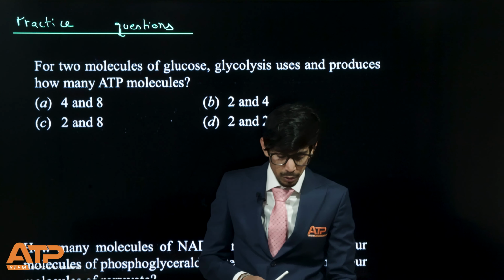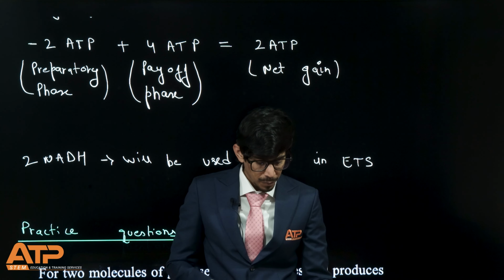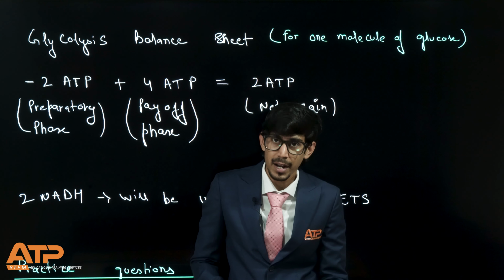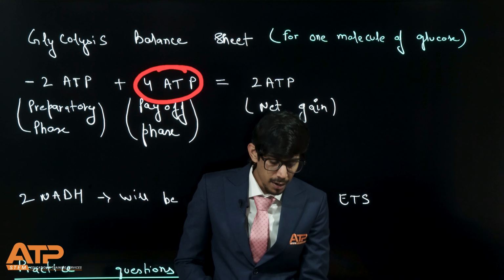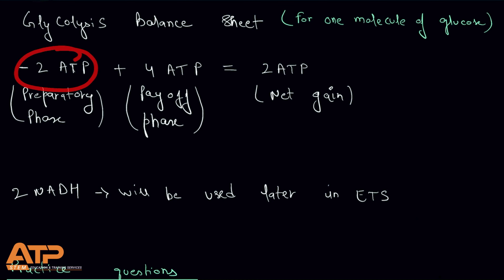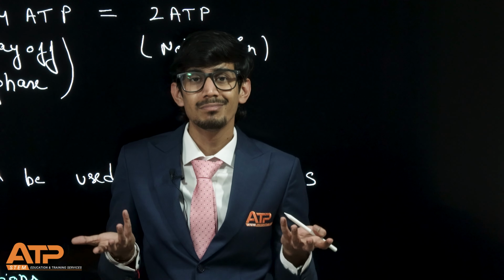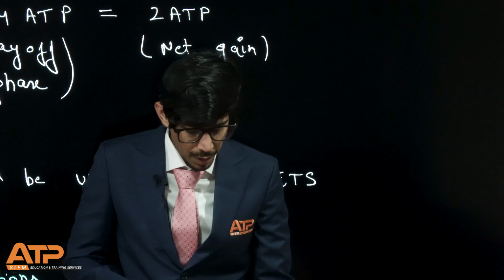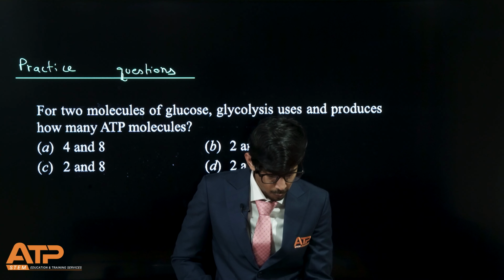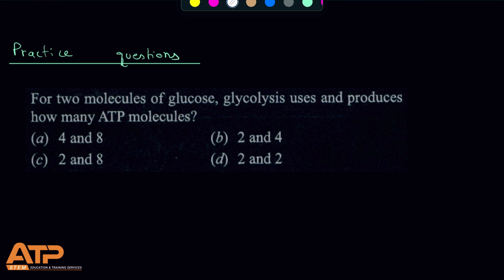For 1 molecule of glucose, 2 are utilized and 4 are produced. But for 2 molecules, 4 will be utilized and 8 will be produced. Simple, right? Multiplied by 2. So the correct answer for this question would be this one, that is 4 and 8, option A.